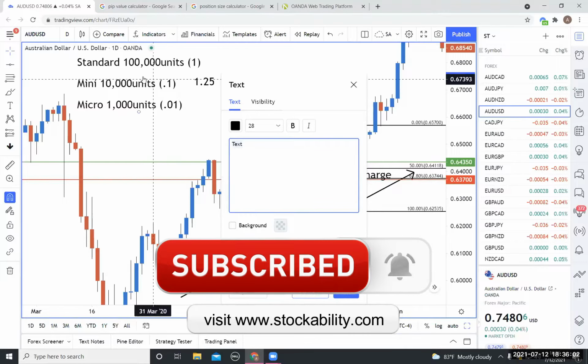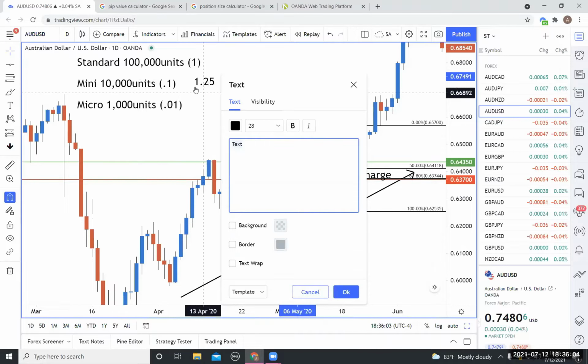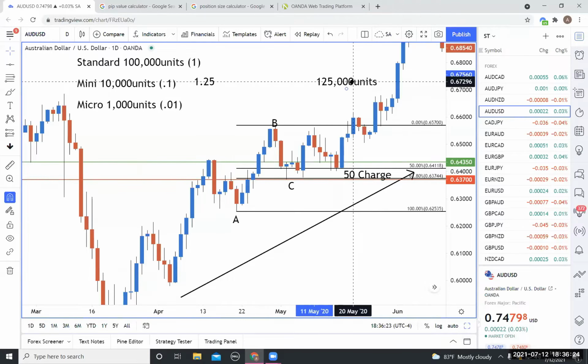So instead of putting 1.25, which represents 1 standard, 2 minis, and 5 micros, you would just say, I want 125,000 units, right?